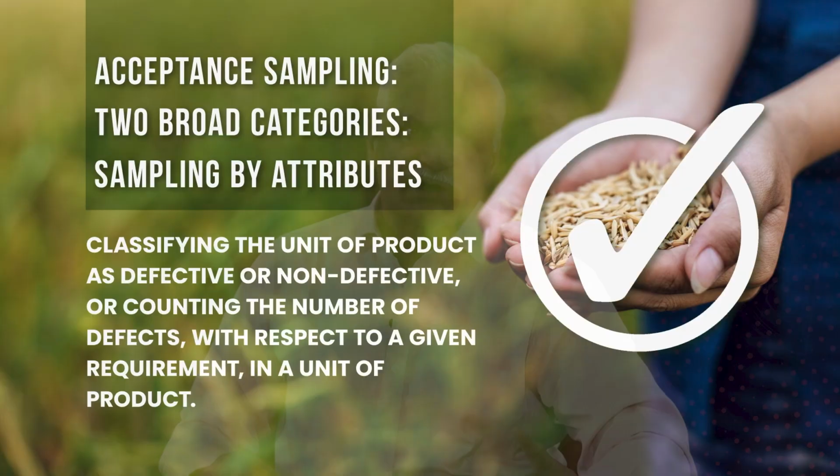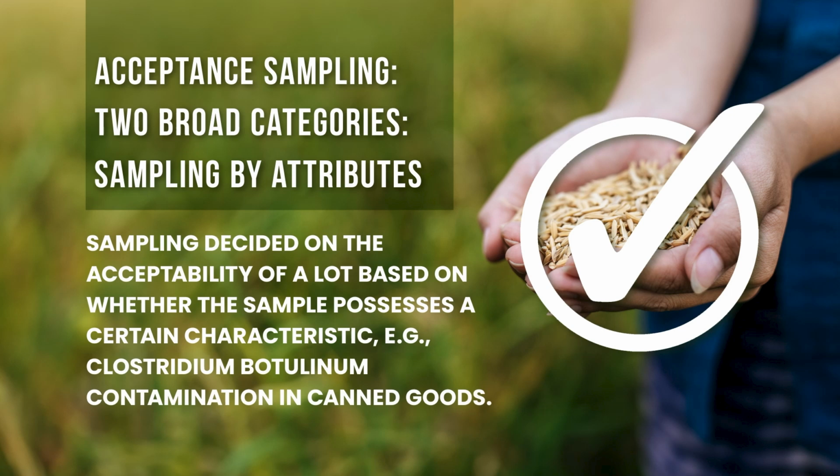So there will be defects, but we have to make sure that the defect is not fatal. If it is a fatal defect, then it has to be a zero defect sample. So acceptability of a lot is decided based on whether the sample possesses a certain characteristic.